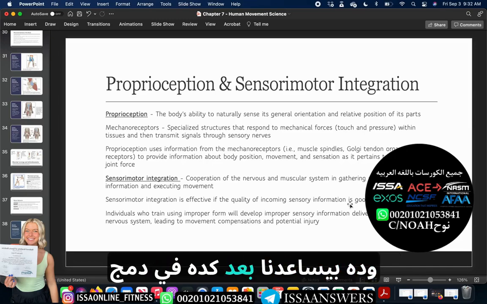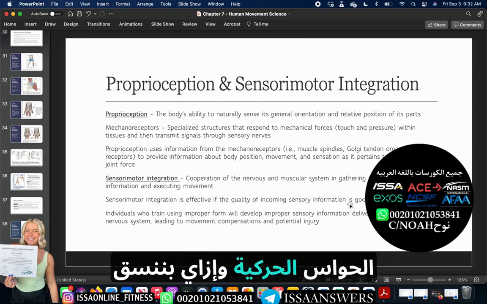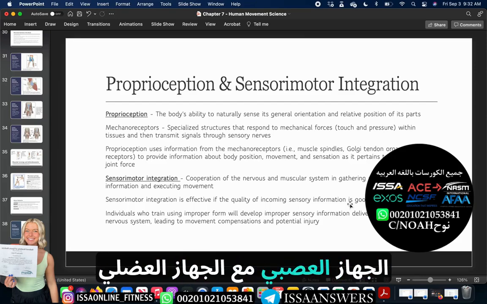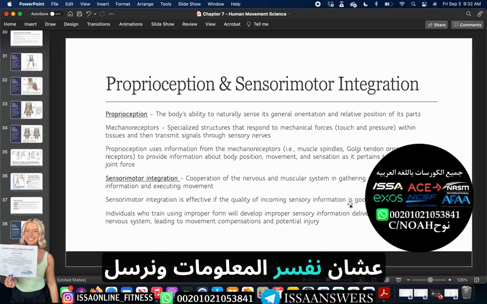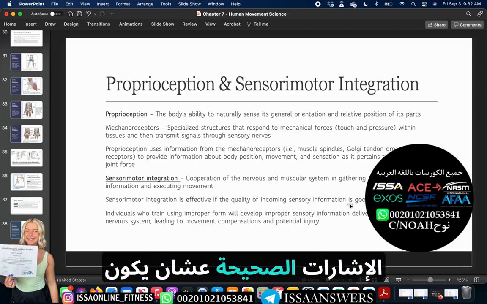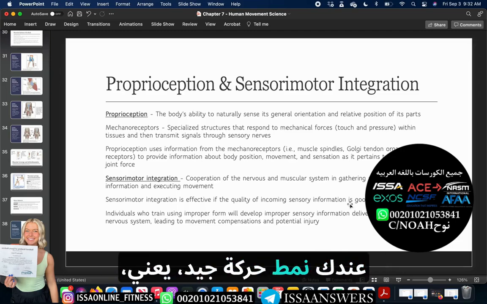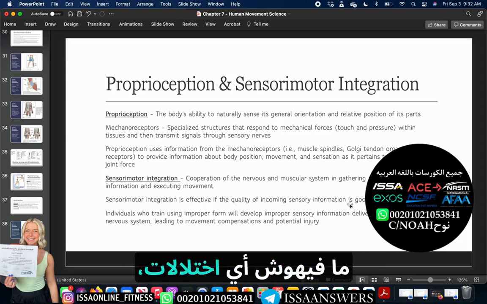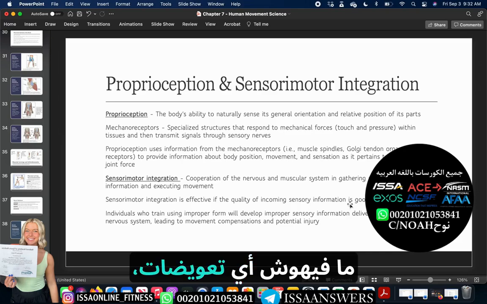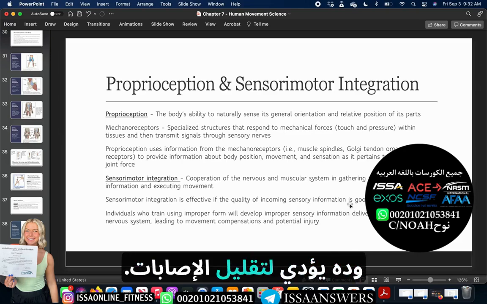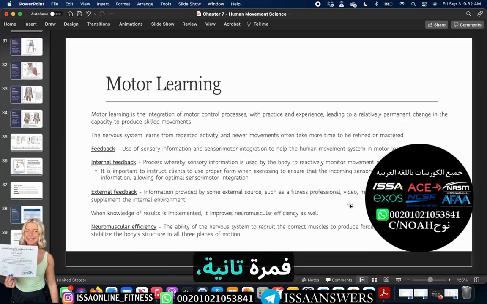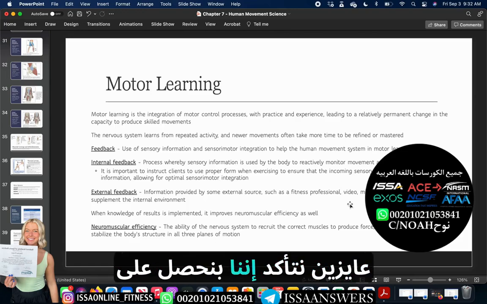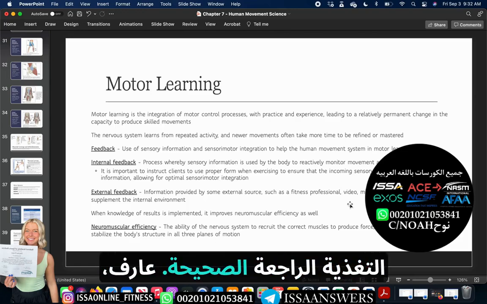And it helps us to then do sensory motor integration and how we cooperate the nervous system with the muscular system to then interpret information and send out the proper signaling so that you have a well-off movement pattern that doesn't have any imbalances, doesn't have any compensations, and it leads to diminished injury. So again, with that motor learning point, we want to make sure that we're getting the proper feedback.